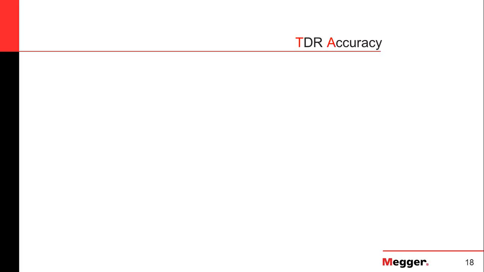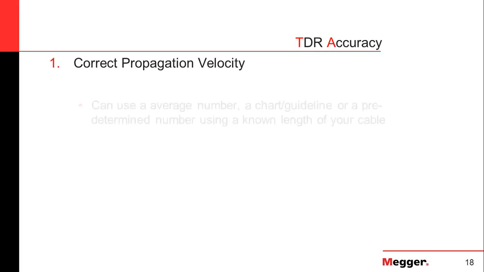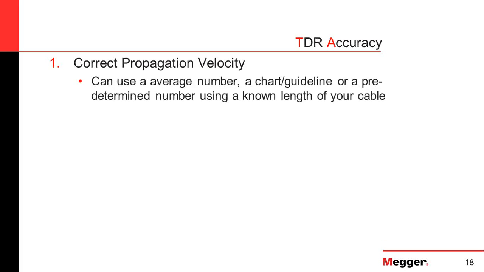If we go through the accuracy of a TDR, we've got several factors to consider. The first factor is correct propagation velocity, where the propagation velocity can use an average number.